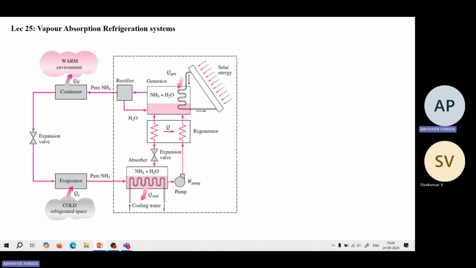Then in lectures 24 and 25, we discussed the vapor absorption refrigeration system. First and foremost, it needs to be understood that this is a thermally driven cycle. Thermally driven cycle means that earlier, in VCRS, the work input is high grade energy.